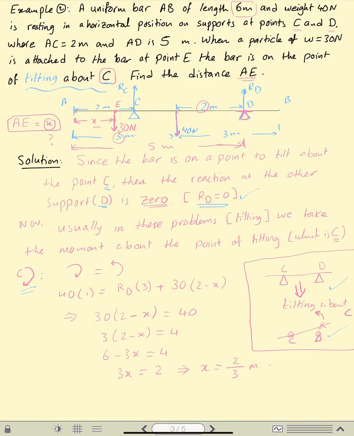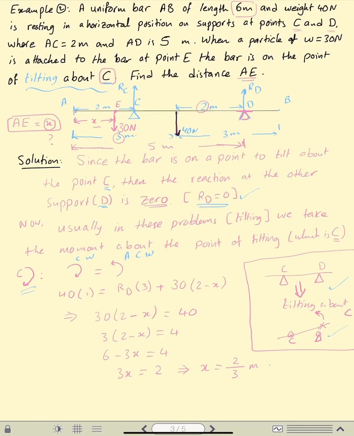Then we just apply the sum of the clockwise moments equal to the sum of the anti-clockwise moments. We have one force, dear students, I'll show it in a different color, which is 40 newtons. Yes?